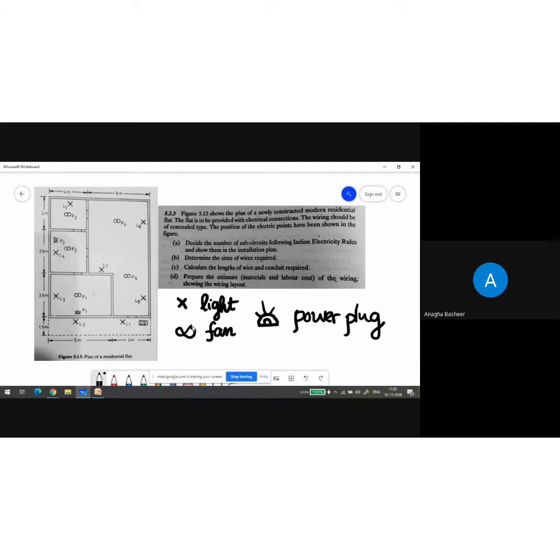So these are the symbols used. Of course, DB is the distribution board. Please draw a rough figure.